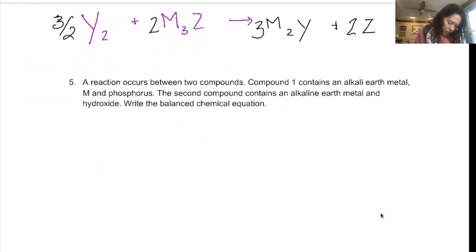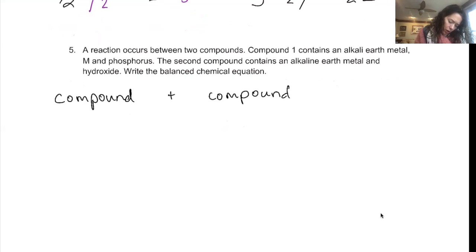Okay, a reaction occurs between 2 compounds. Compound plus compound. Okay. Compound 1 contains an alkaline earth metal M. So that's my cation. And because it's an alkaline earth metal, I know that it has a 2+ charge.